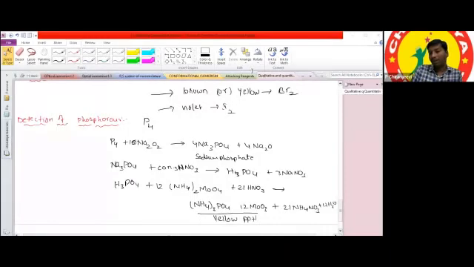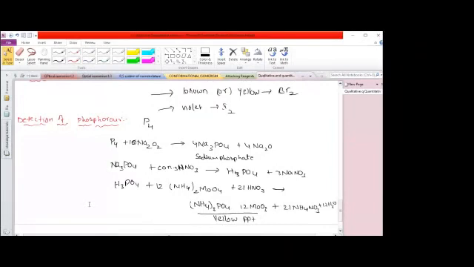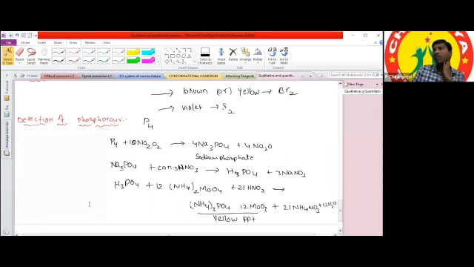What is meant by molar mass, Aditi? The actual atomic mass or molecular mass. The molar mass of a molecule is the sum of the atomic masses of the elements present in a given compound.